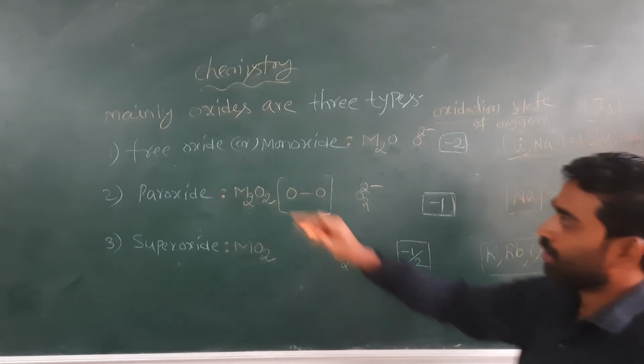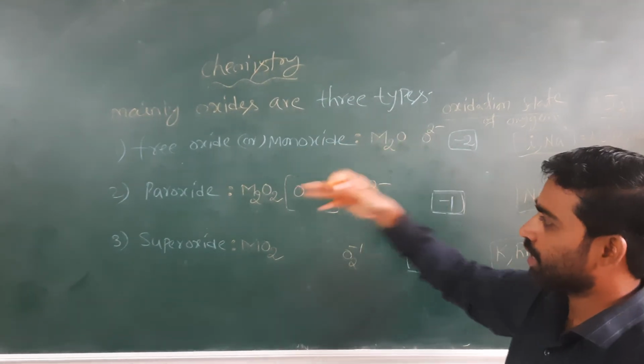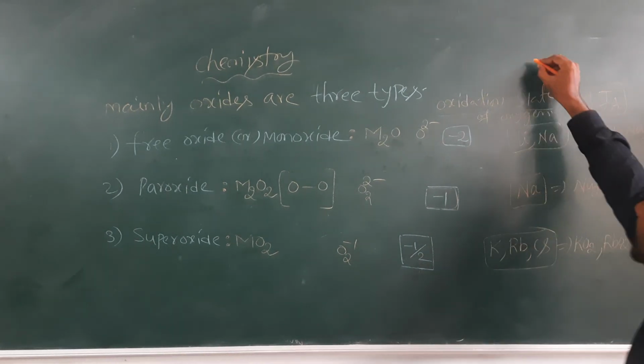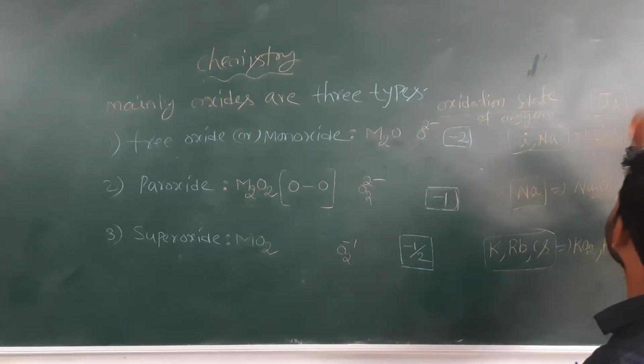These are the monoxides, peroxides and superoxides for the first A group elements only.